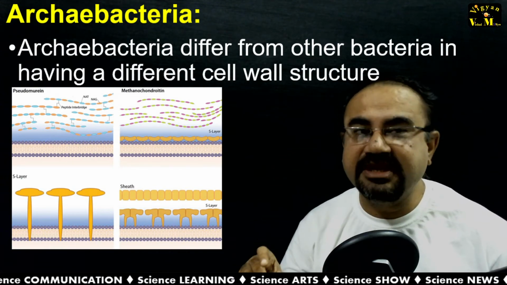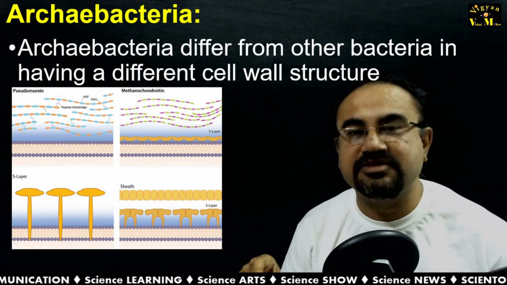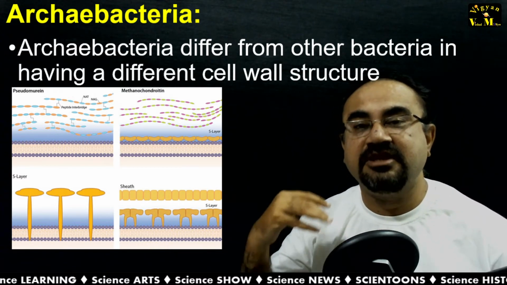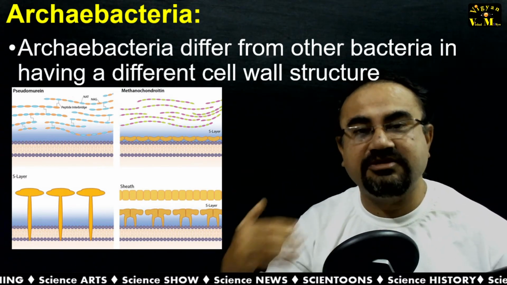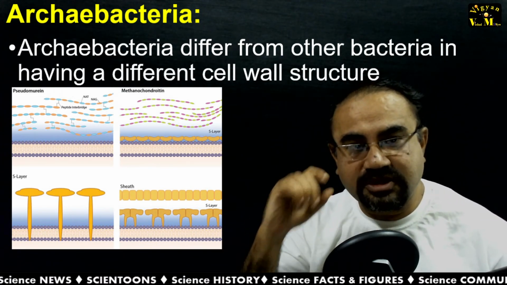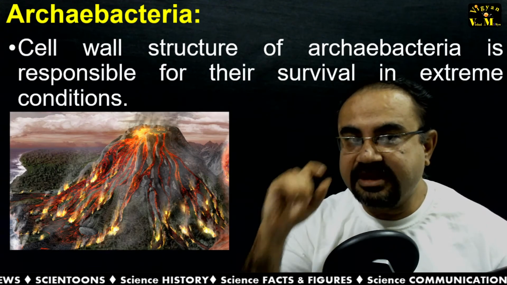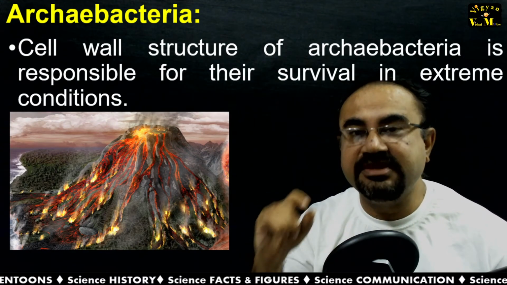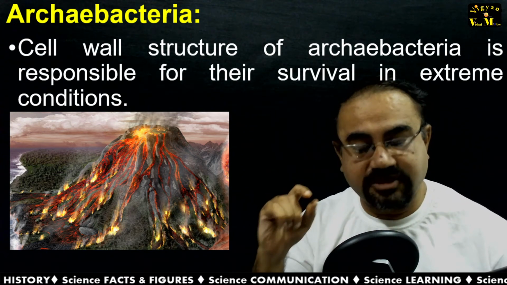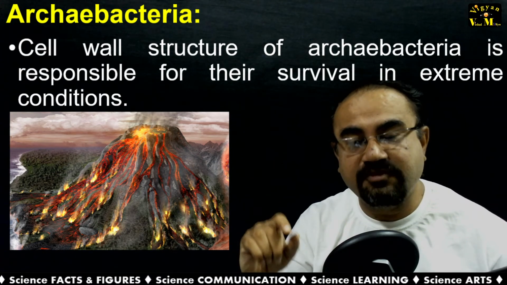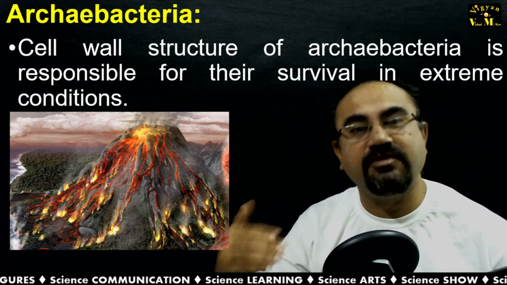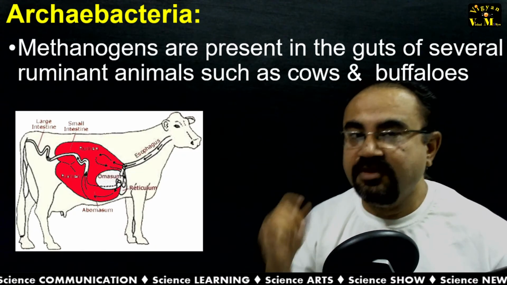This Archaebacteria is different from other bacteria because of their cell wall structure, and their cell wall structure is so interesting, so advanced, so compact, so tough that Archaebacteria can survive in extreme conditions. The cell wall is responsible for their survival in harsh areas because the cell wall is having resistance.